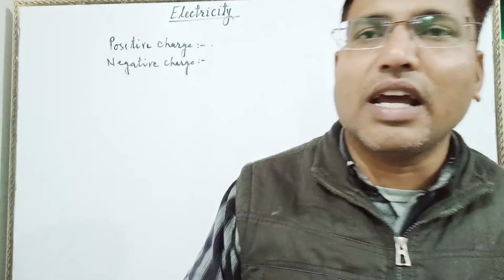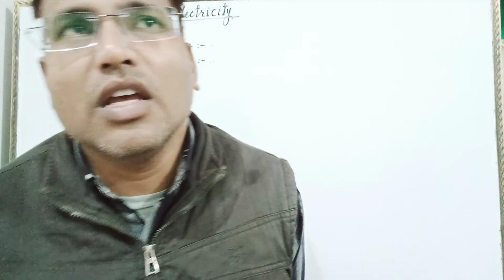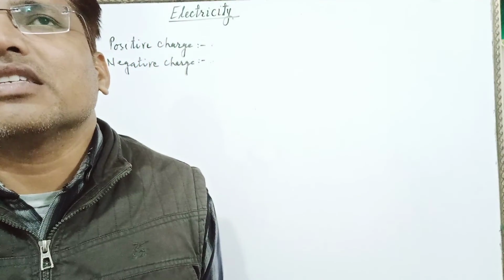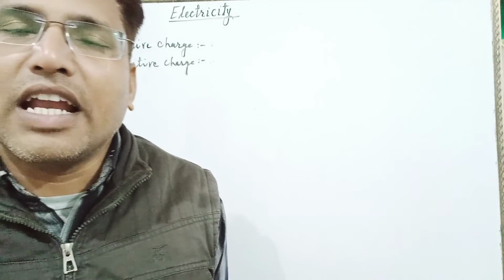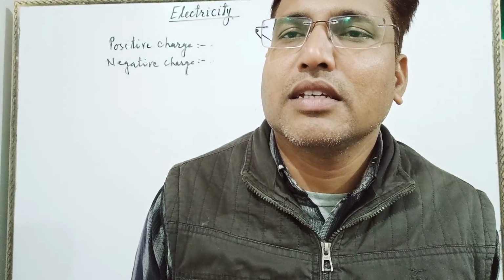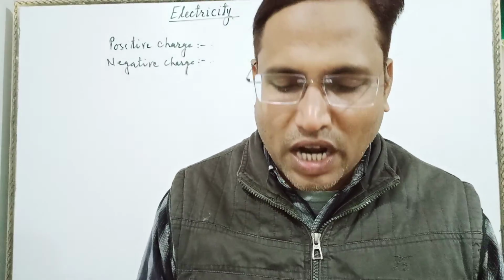The SI unit of charge is coulomb. Electrons have 1.6 into 10 to the power minus 19 coulombs of negative charge. Protons have plus 1.6 into 10 to the power minus 19 coulomb of charge.